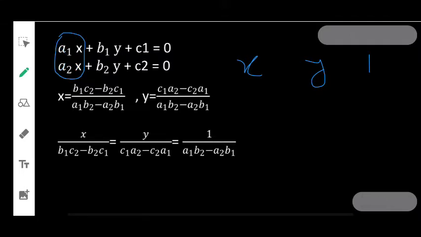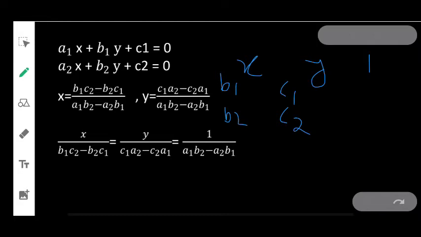Then write the coefficient of y in equation 1, which is b1, and in equation 2 the coefficient of y is b2. Then write the constant in the first equation, c1, and in the second equation, c2.